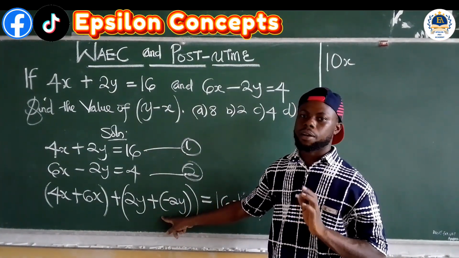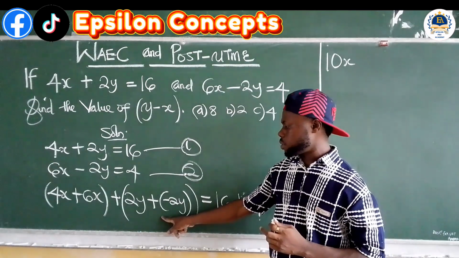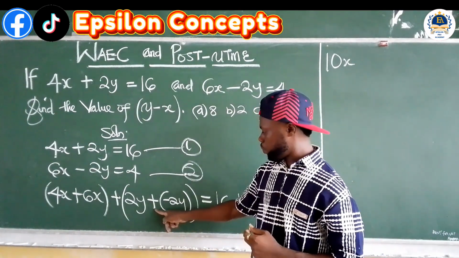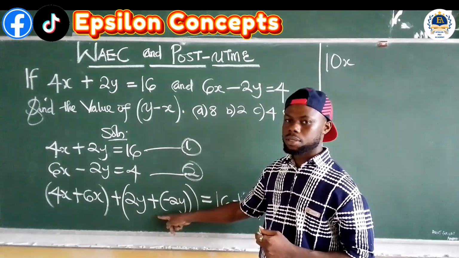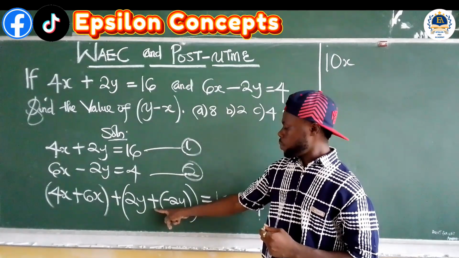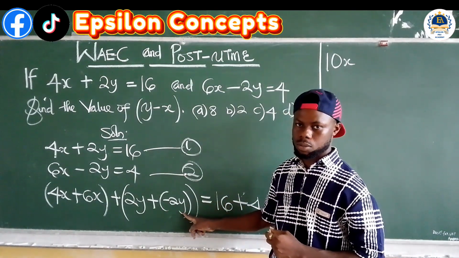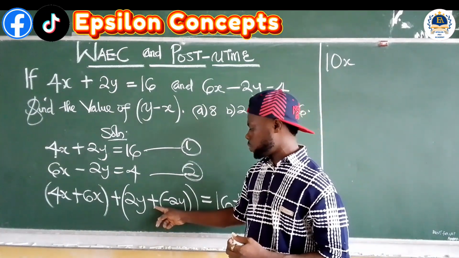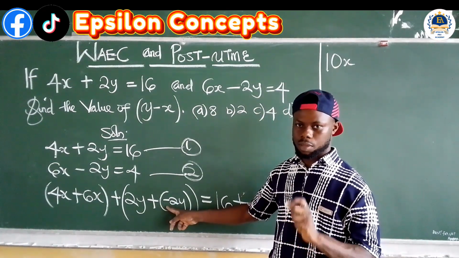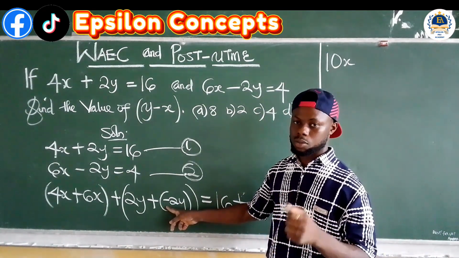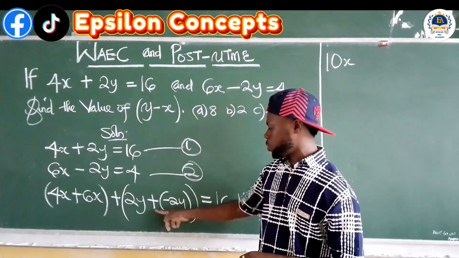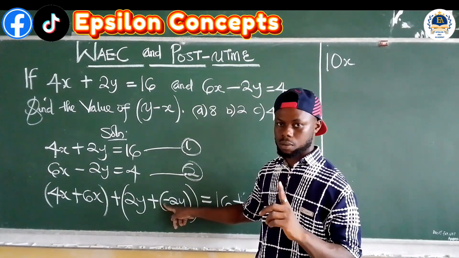Now let's work on the bracket first. Let's work on the signs. In this place, we have plus times minus, plus bracket open minus 2y bracket close. If you multiply a positive sign with a negative sign, it will give a negative sign. That is to say, the general sign between these two yields minus.